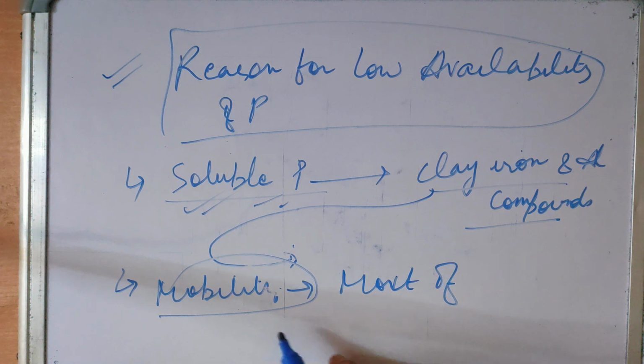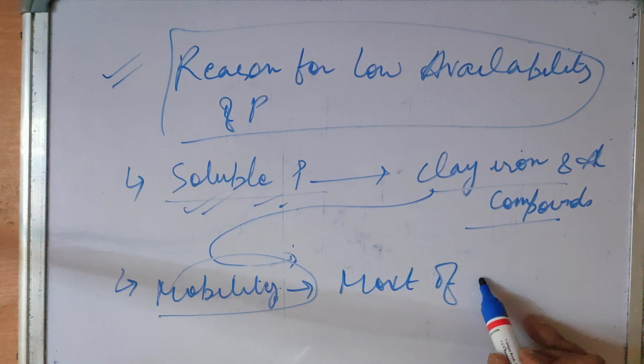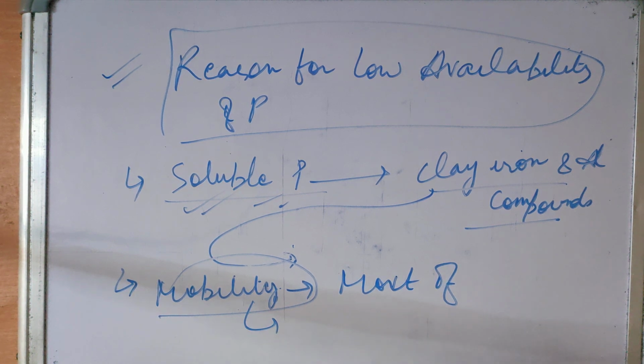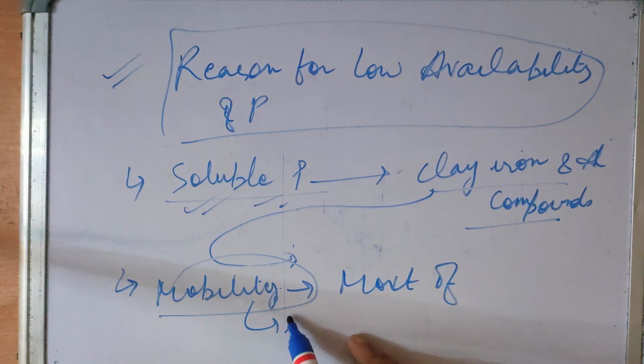So it is less mobile as compared to nitrogen. So in most of the soils it is less mobile, and so crops are not able to absorb the remaining amounts also. First of all, phosphorus is in low amount, and the amount which is present also is not available to crops because of its low mobility.